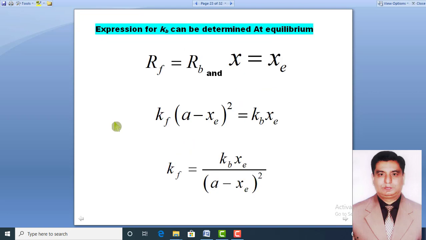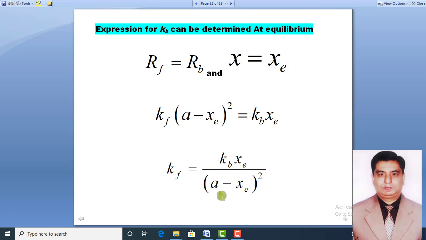Dear students, similarly, we can find the value of kb. How? Because Rf is equal to Rb, x is equal to xc. So again, kf into a minus x square is equal to kbxc, and kf will be equal to kbxc over a minus x square.